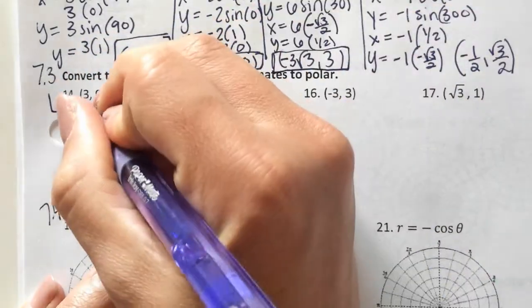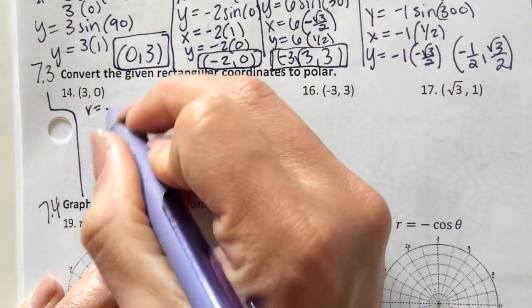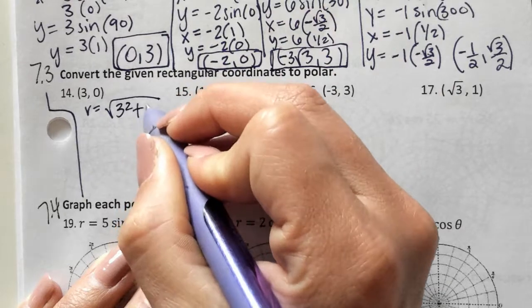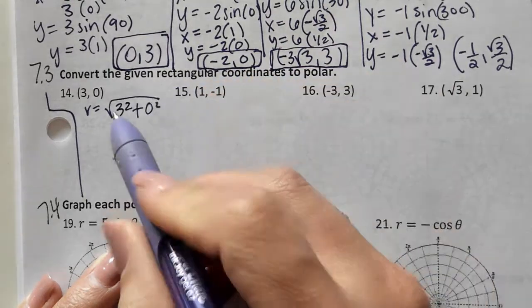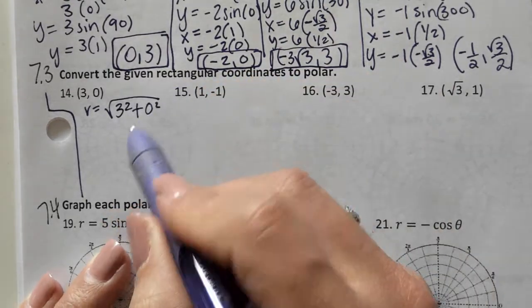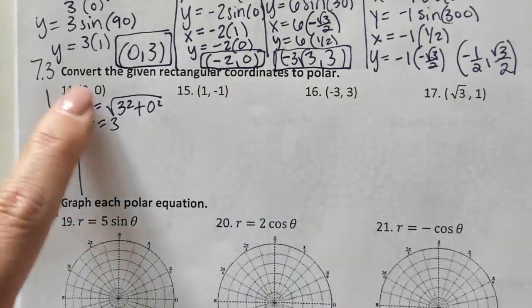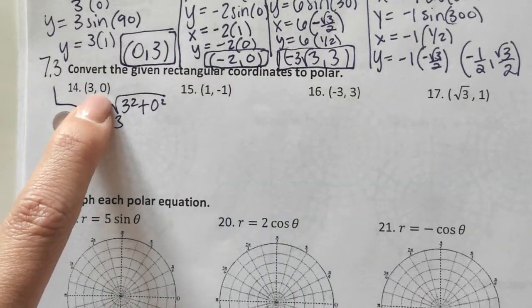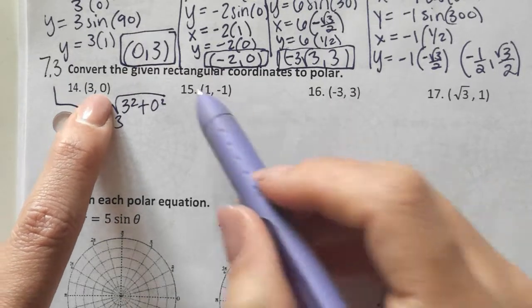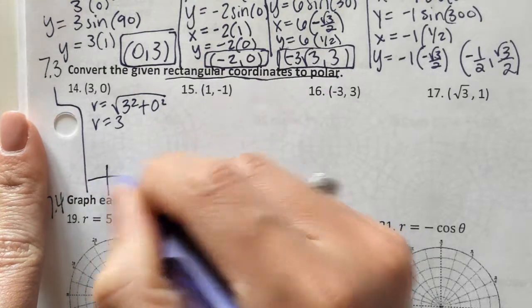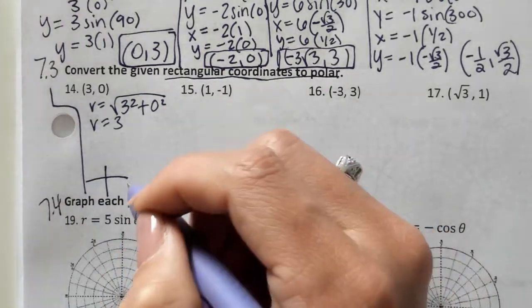To find r, you have to use the distance formula, which is going to be the square root of 3 squared plus 0 squared. So we know that's going to be 9, so the square root of 9 is 3. Anytime there is a 0 involved in your equation going from rectangular to polar, it's easier to draw this on a coordinate plane. Let me explain why.